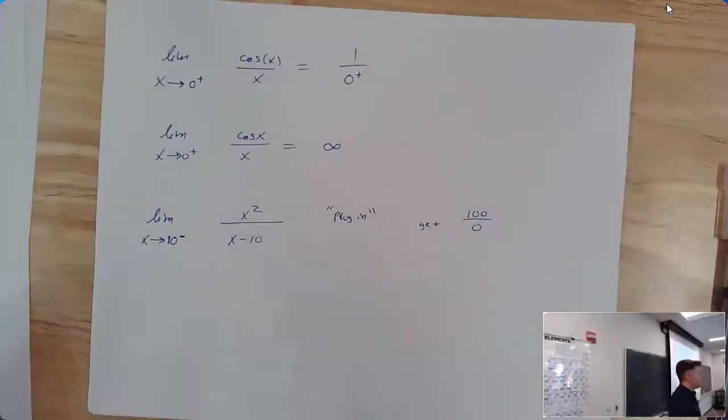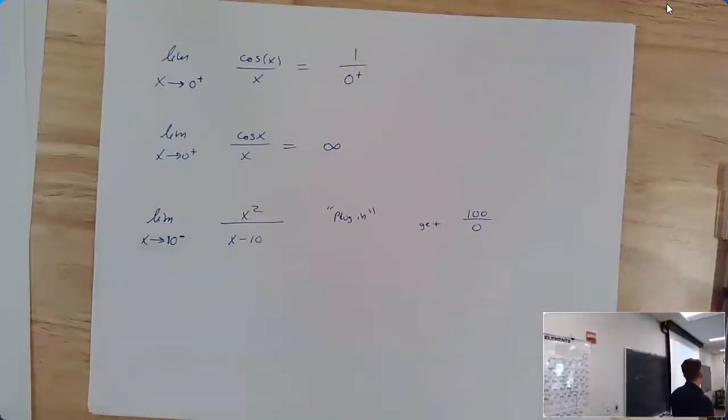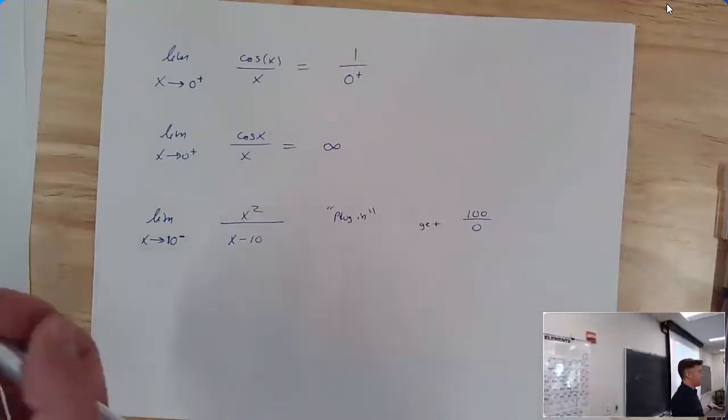When you get a non-zero thing over 0, that means your limit's either going to be infinity or negative infinity. Or if it's a two-sided limit, it might not exist, because maybe one side's doing this and one side's doing this, and they're not going towards the same thing. So in this case, all we really have to determine is whether the thing is positive or negative.